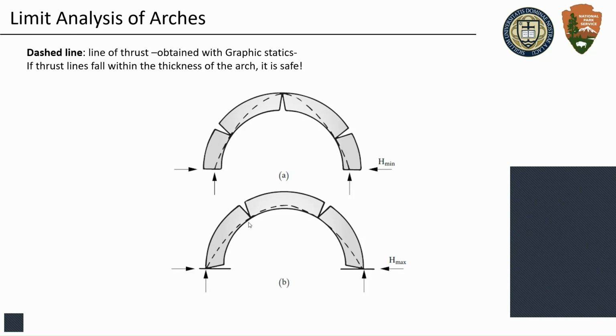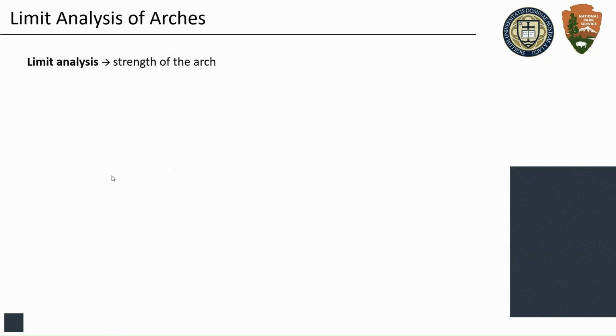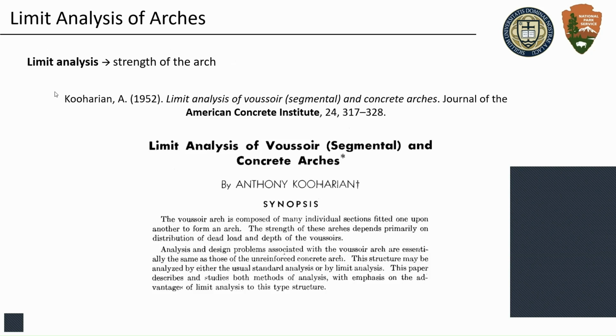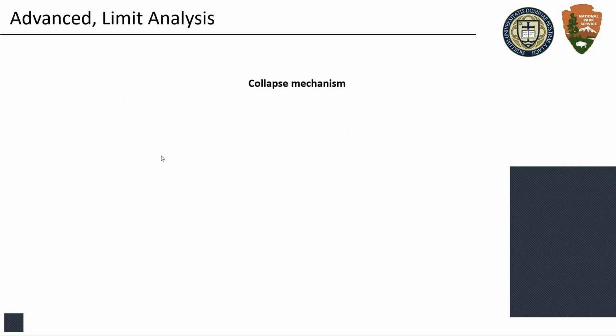So this is the first thing that we have to imagine. We have to think how our structure or our arch can collapse. And this is a landmark paper, if you're interested in this. It was published by the American Concrete Institute on how to investigate the strength of arches. So the idea is based on what we call a collapse mechanism.